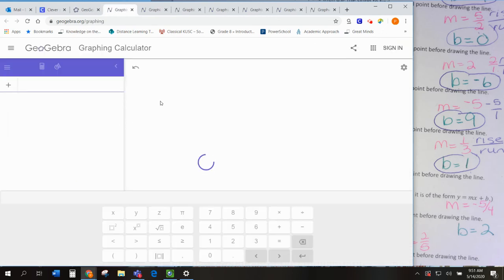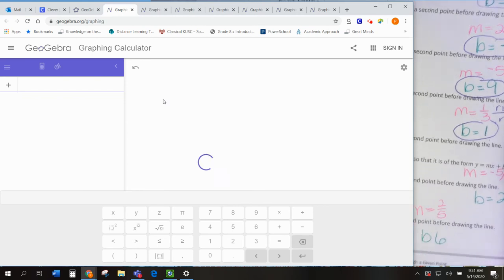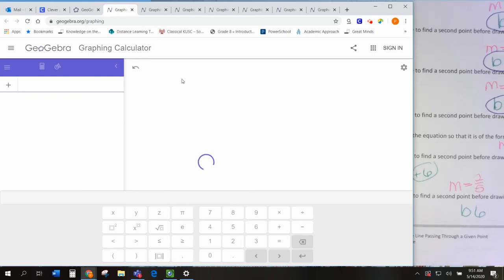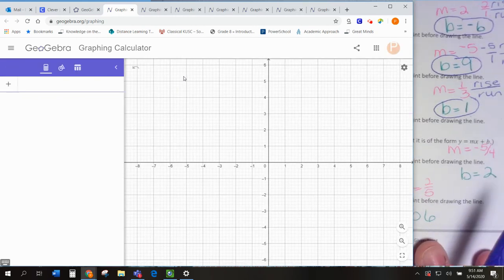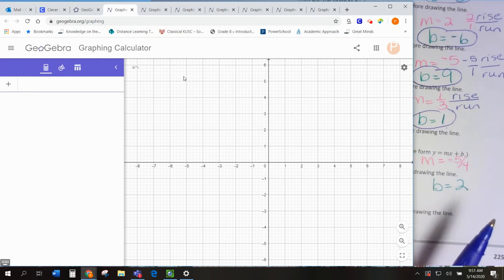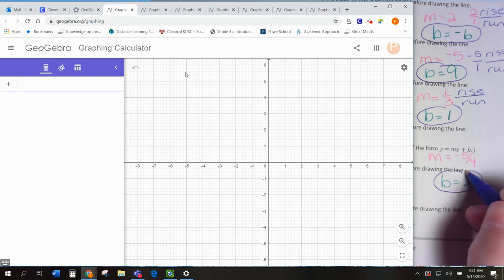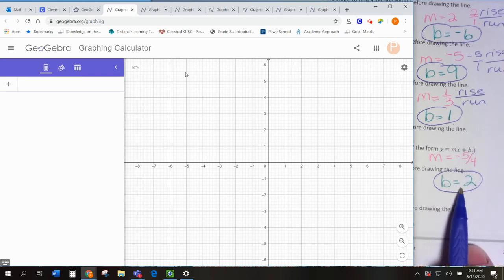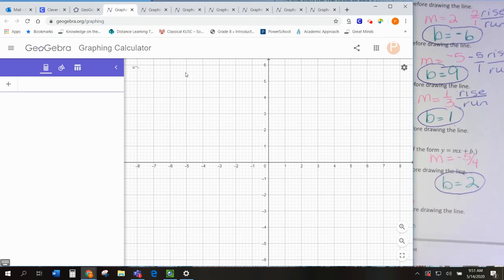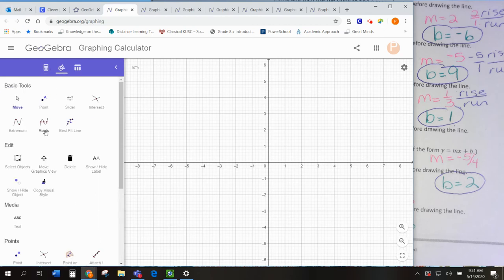Let's go to number 8. Remember, number 8 we had to rewrite. Once we rewrote it, we got an m of -5/4, a slope of -5/4, and a y-intercept of 2, which means we plot 2 on our y-axis. So starting on our y-axis, we put a point at 2.